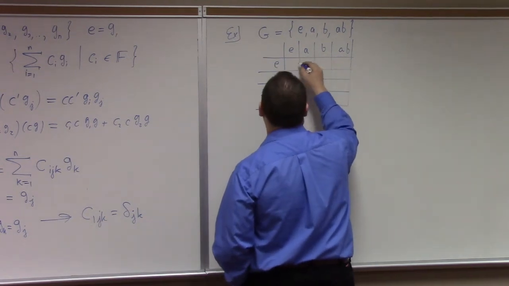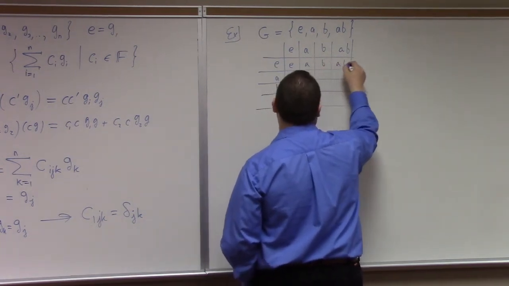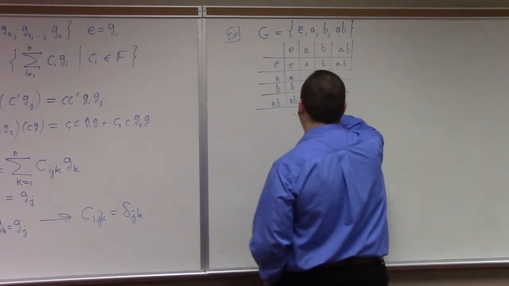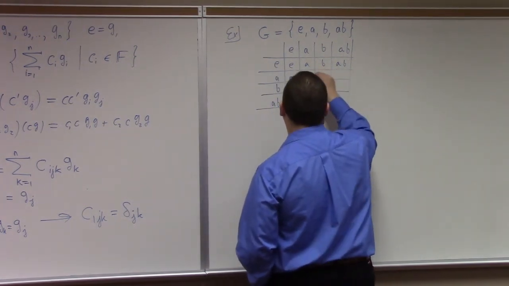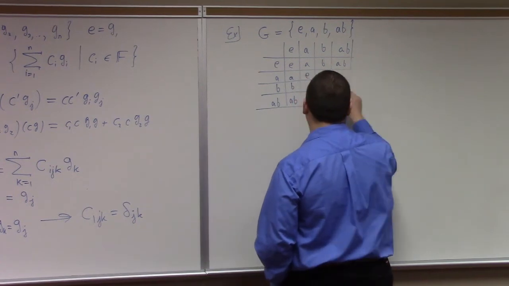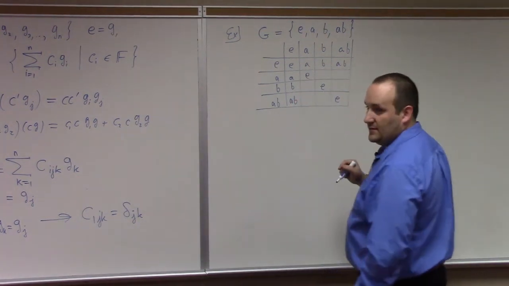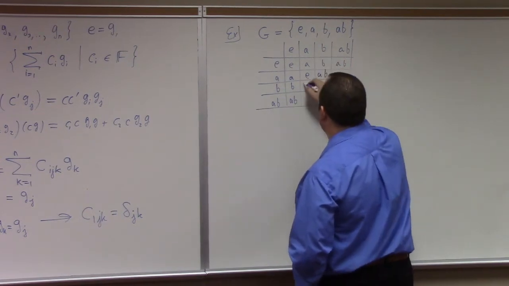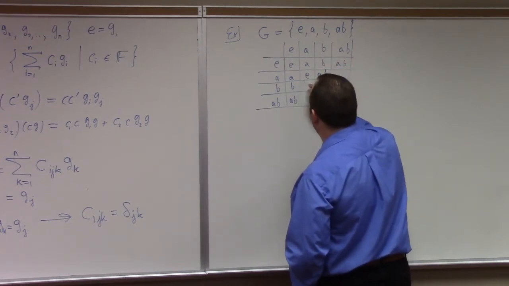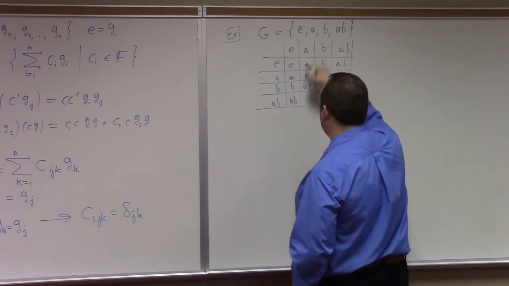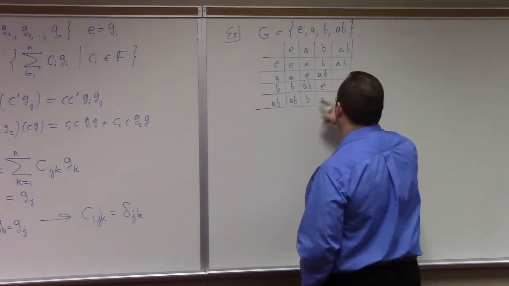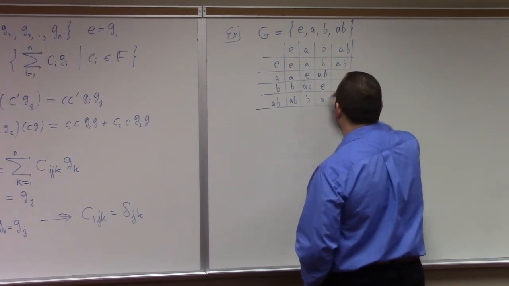So E times E is E. All of these are order 2 elements, and of course A times B is AB, and this is BA, which is AB, right? And AB times A is B, and it's commutative, so this is A and this is B.